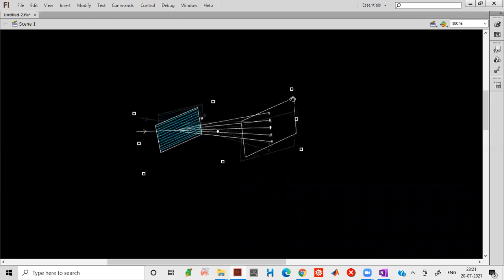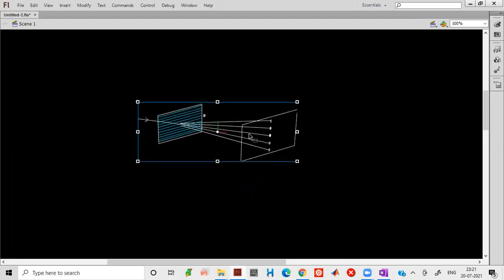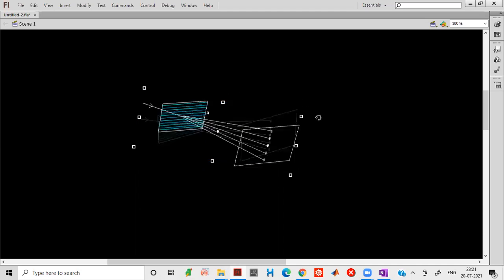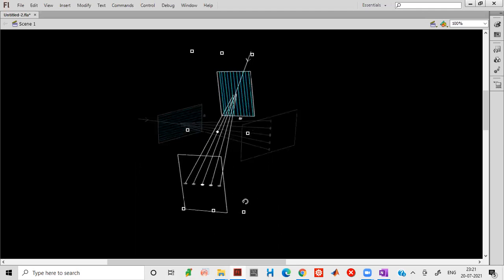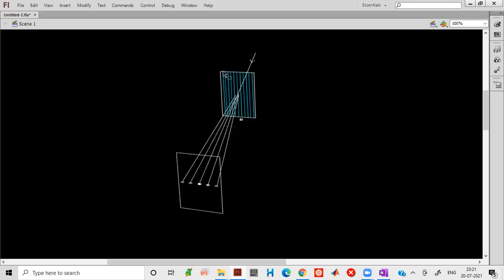In the initial case, these lines were all horizontal, and the spots appeared perpendicular to the planes. If you rotate this, now all the planes are vertical, and still the dots will appear horizontal, perpendicular to the parallel lines.